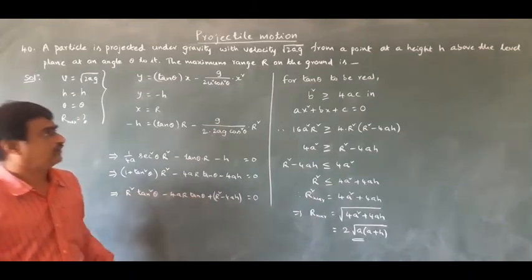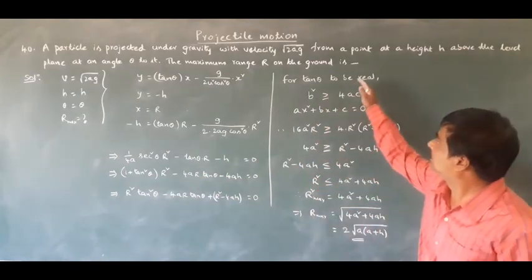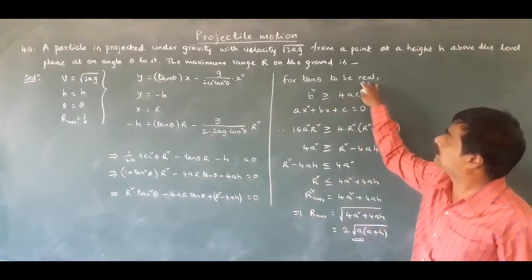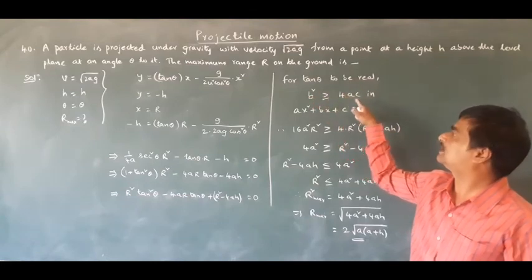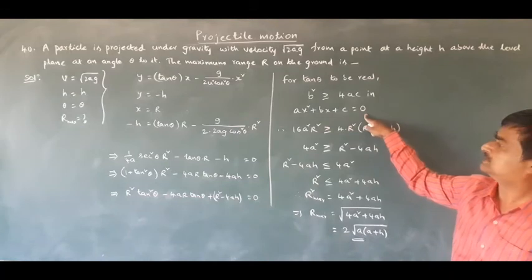For tan theta to be real, the condition is b square should be greater than or equal to 4ac in ax square plus bx plus c is equal to 0.